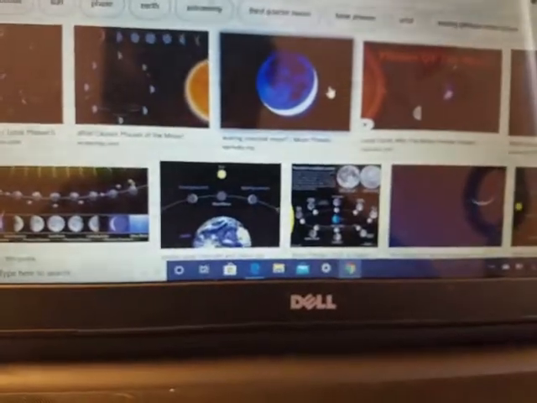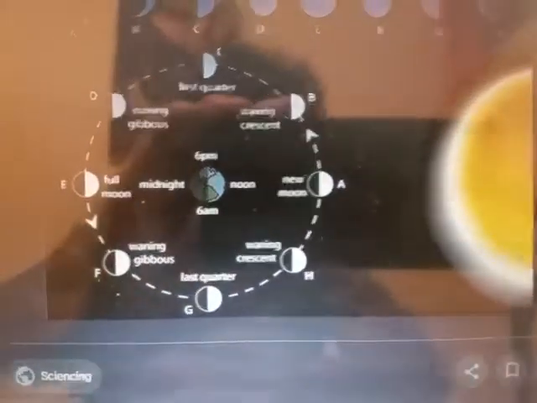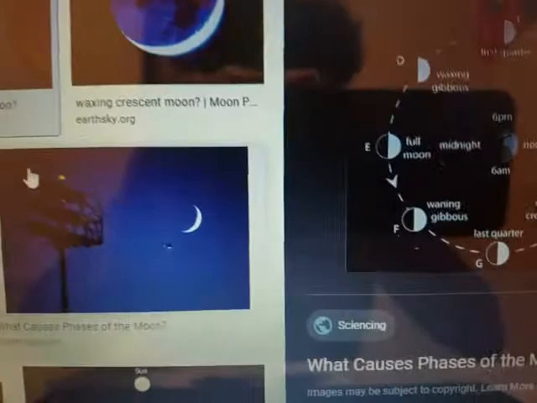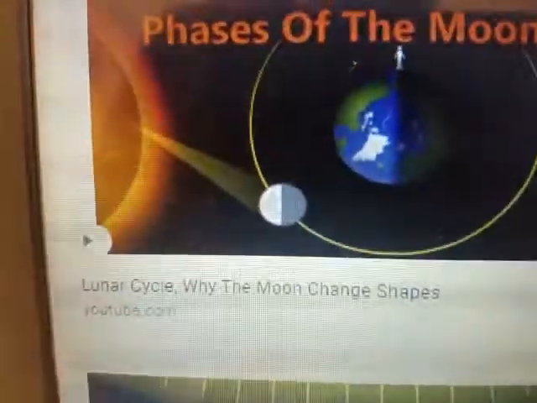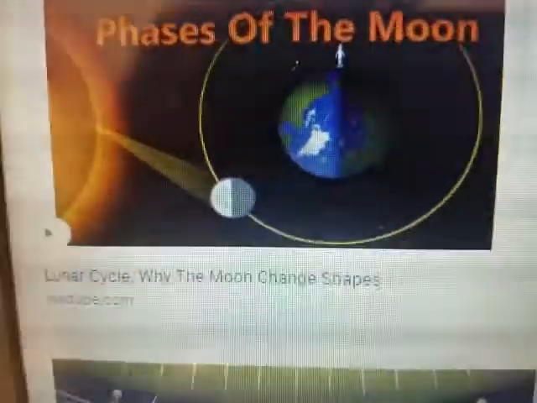Okay? And remember, that happens once every 30 days, right? Because it takes the moon 30 days to travel around the Earth. Right, here you can see a much clearer picture. Right, you see the sunlight hitting the moon and the Earth.